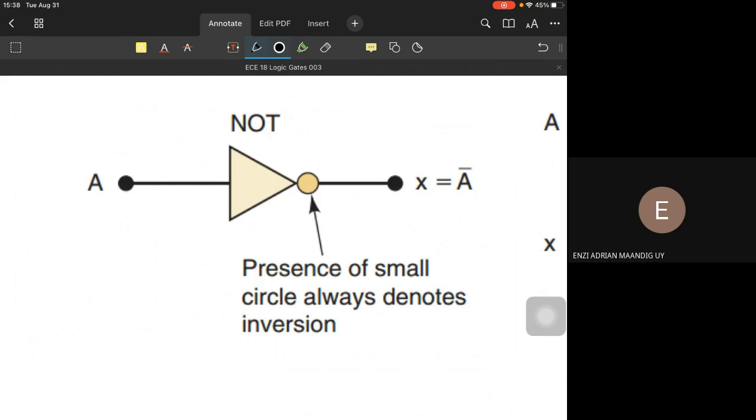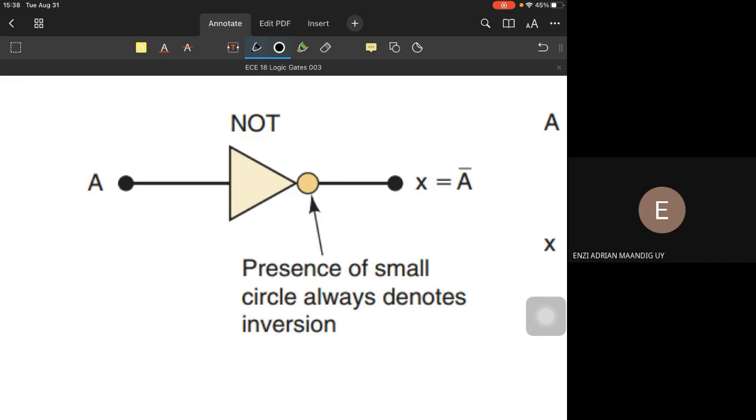Okay? The presence of a small circle or bubble always denotes inversion, whether it is a NOT gate or any other gate. So whether on the NOT gate or any other gate, a bubble or small circle always denotes inversion.